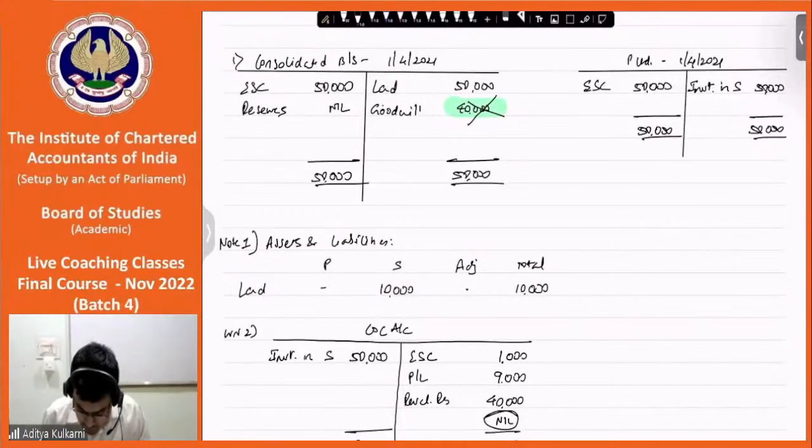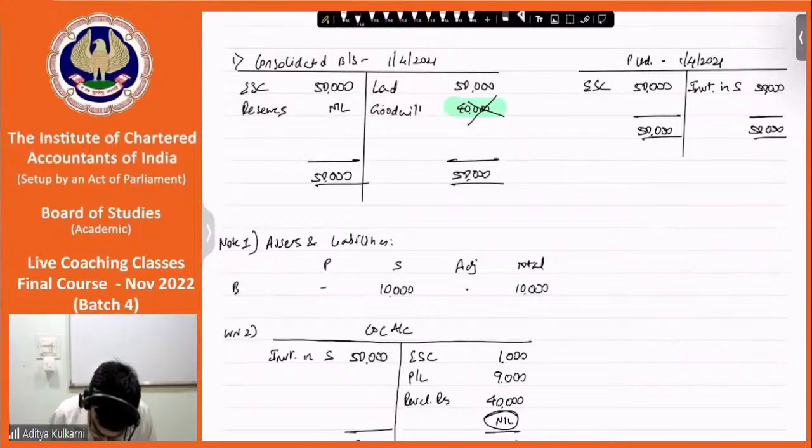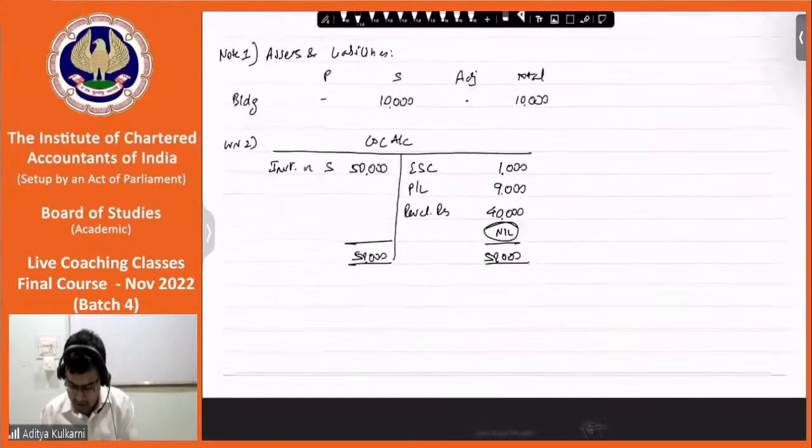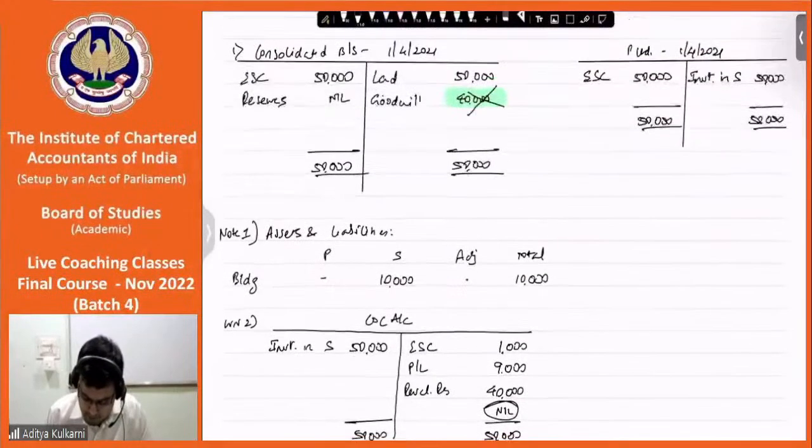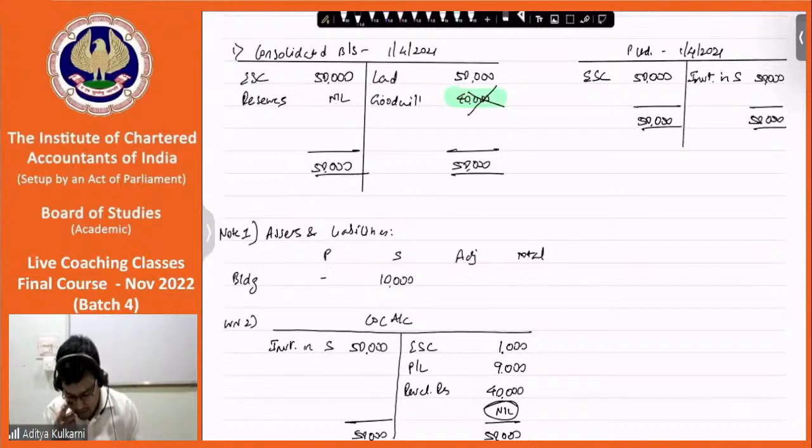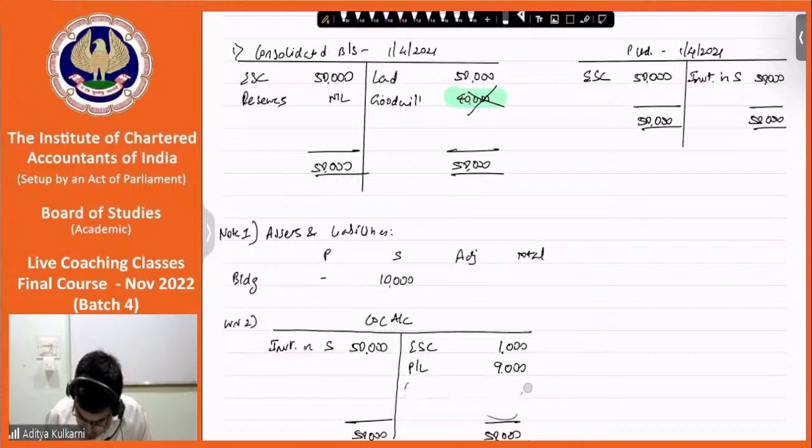So first thing is, instead of land, we are having building. PS adjustment and total, I delete this because there is an adjustment that is going to happen. Now, remove this part.